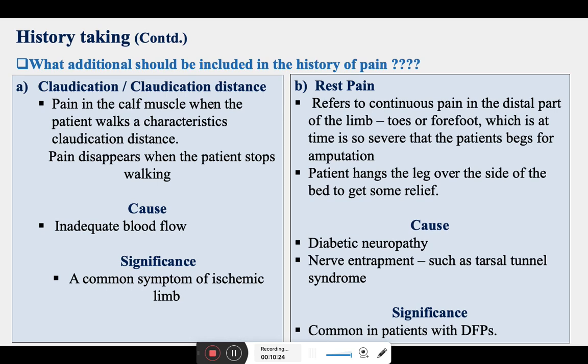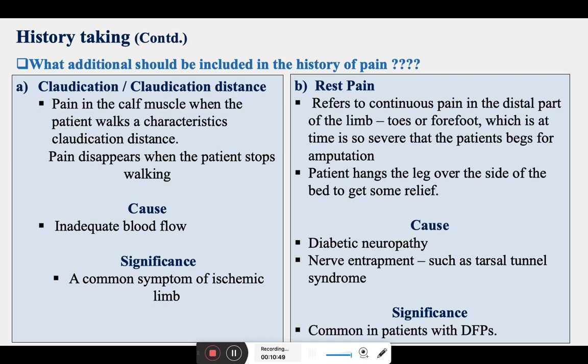So, the best thing is to tell the patient at that time that he should sit for some time, maybe 15 to 20 minutes, and ideally he should hang his feet or legs over the bed, sit in that position for 15 to 20 minutes, and then lie down.